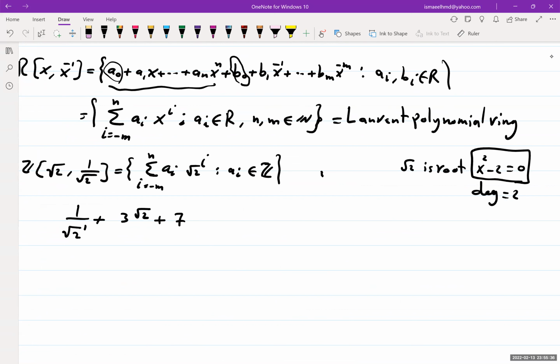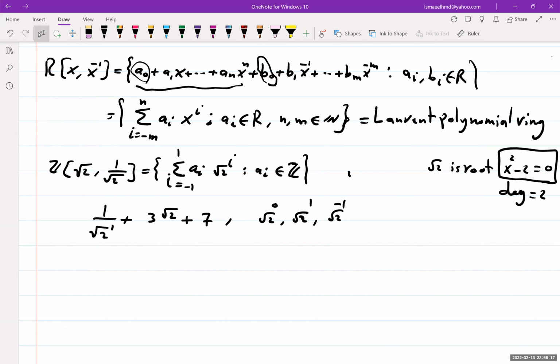So this summation must run from minus 1 to 1. That means we have square root of 2 to power 0, or to power 1, or to power minus 1, of course with constants, integer numbers.